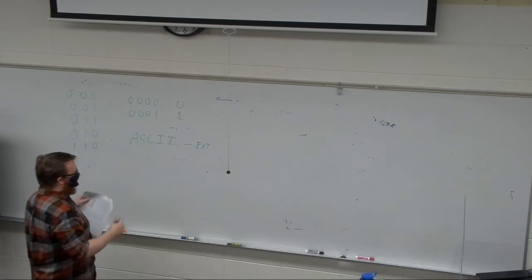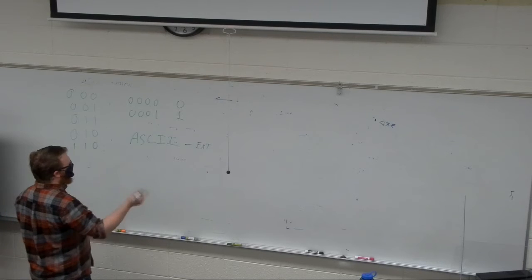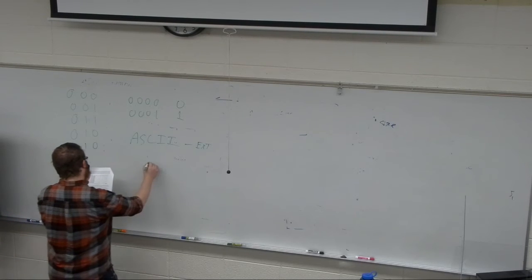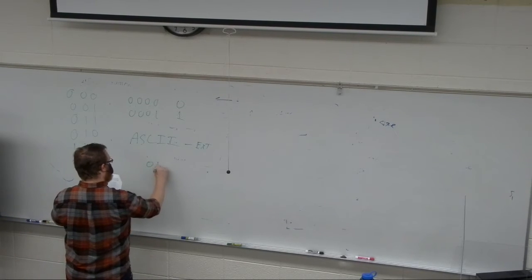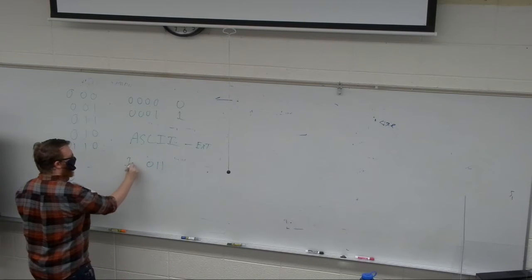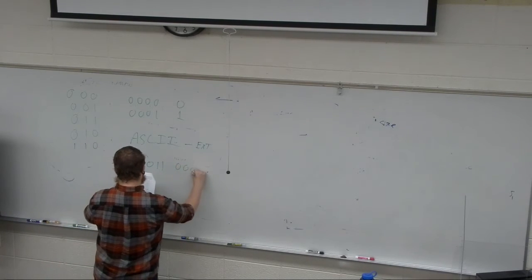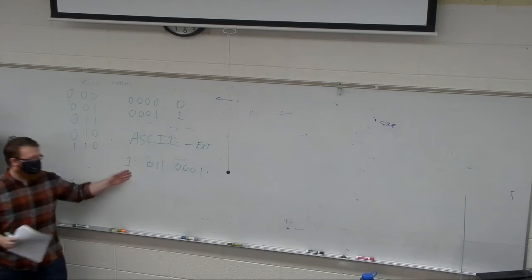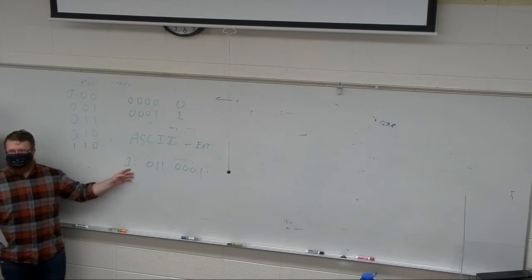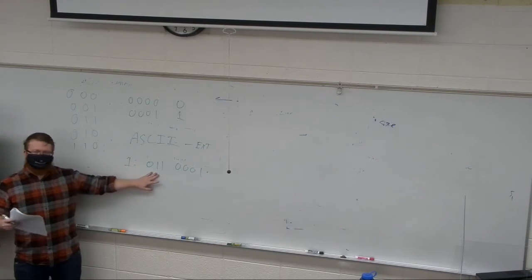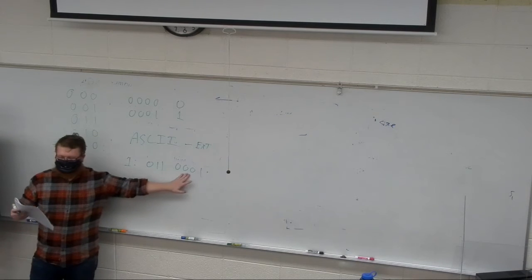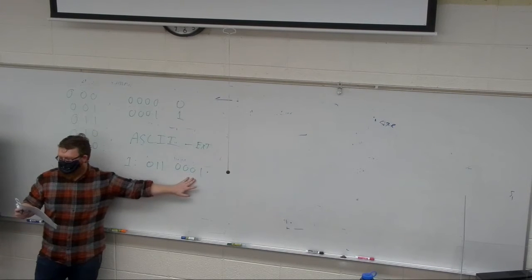So on figure 10-21, it shows you your ASCII codes. In ASCII, and they're using the 7-bit ASCII here, they're saying that the number 1 is represented as this, right? So that table is just saying in the column of 0, 1, 1, it takes the value 0, 0, 0, 1.